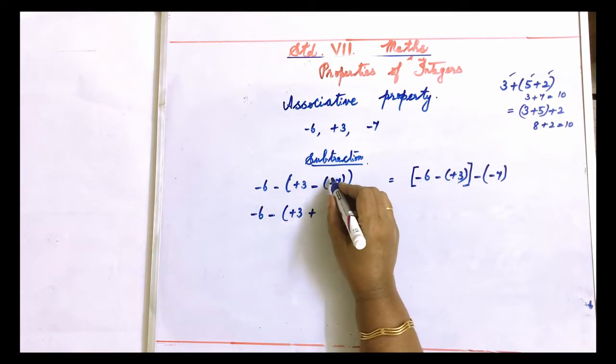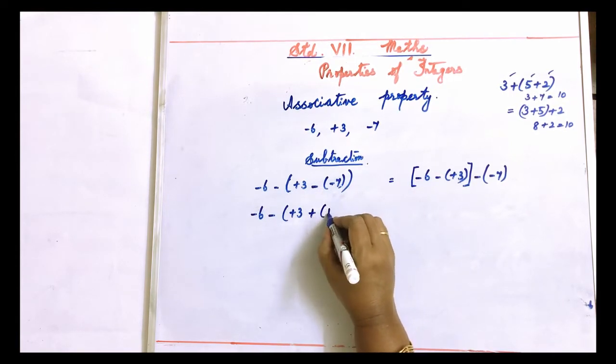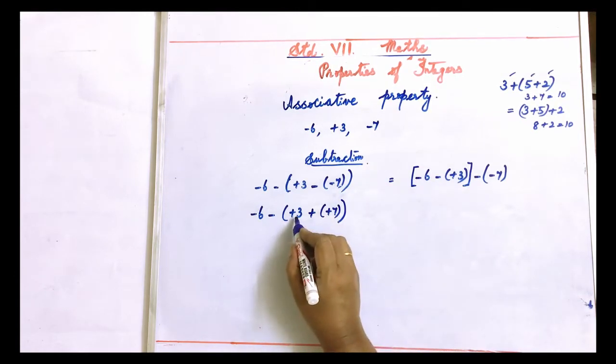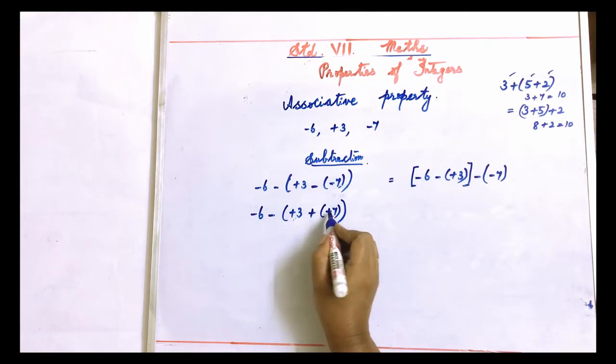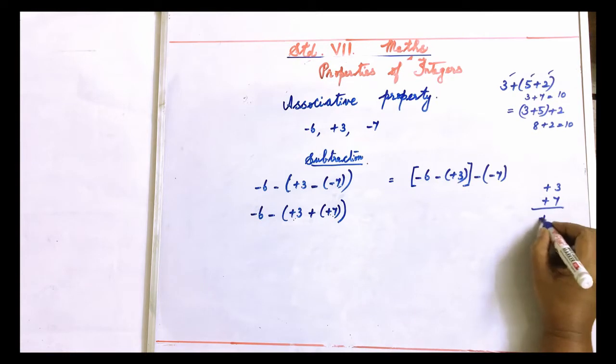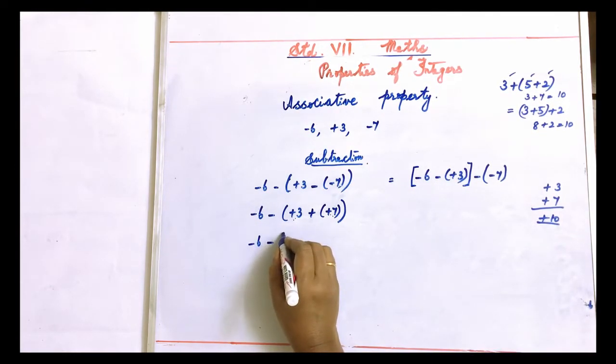So change the sign of minus 7. So this becomes plus 7. To separate this, put one more bracket. Now add these two, same sign. So plus 3 plus 7. This becomes plus 10. So minus 6 minus, the answer for this one is plus 10.